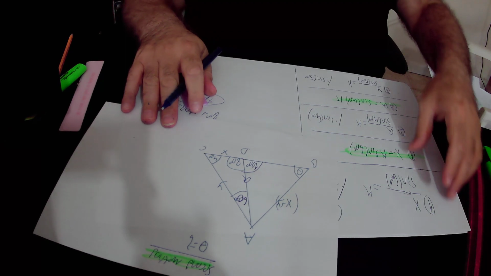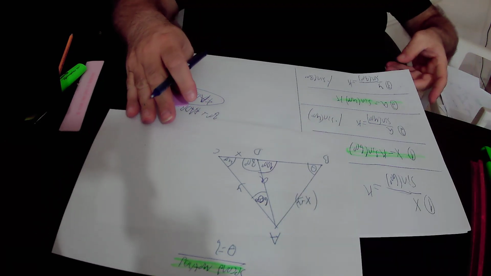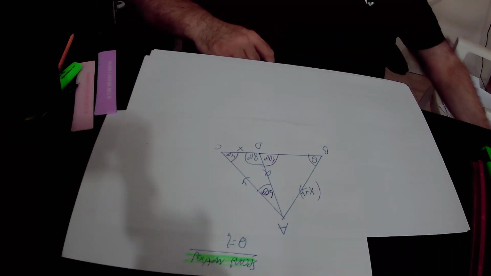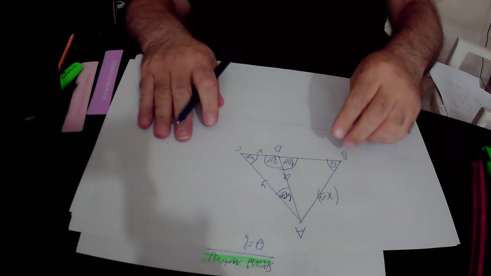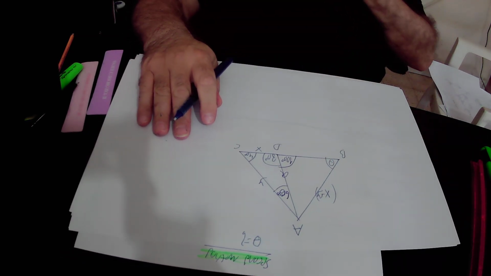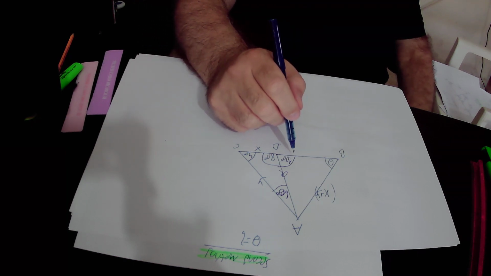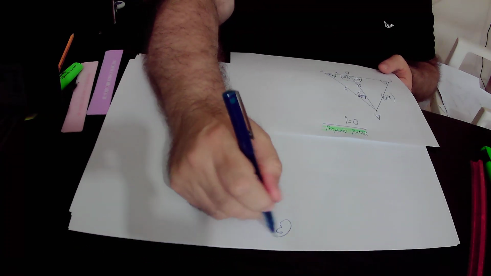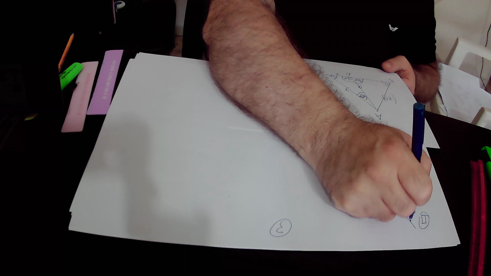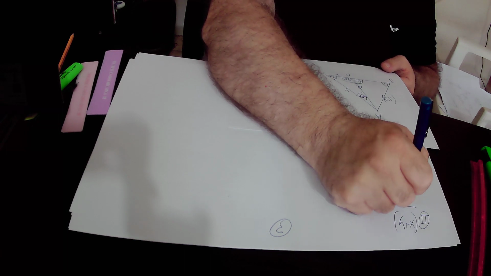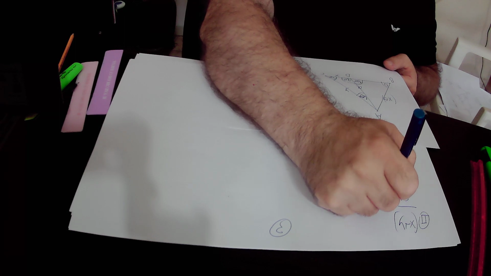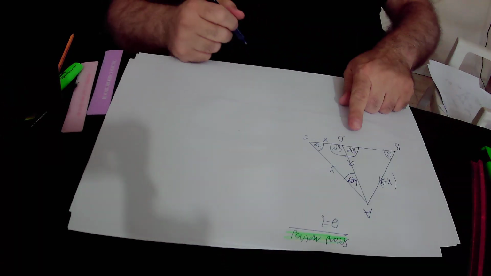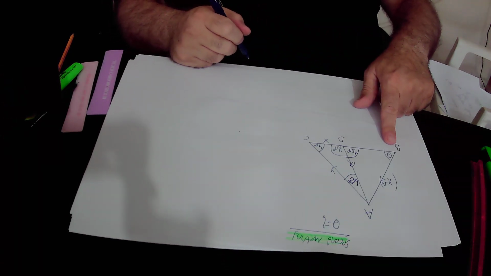So in triangle ADB, according to the law of sines, we get that x plus y over sine 100 degrees equals a over sine theta.